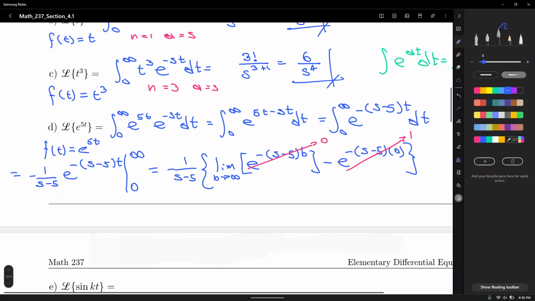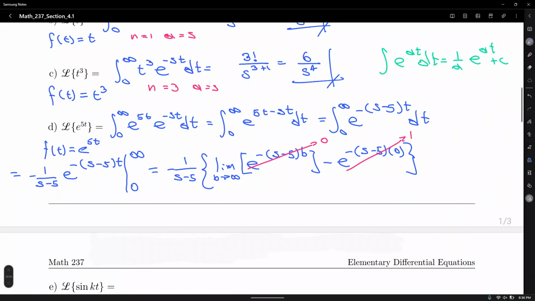So this equals negative 1 over s minus 5 times 0 minus 1. 0 minus 1 is negative 1, times negative 1 over s minus 5 equals 1 over s minus 5. So that is the Laplace transform for the exponential function e to the 5t.